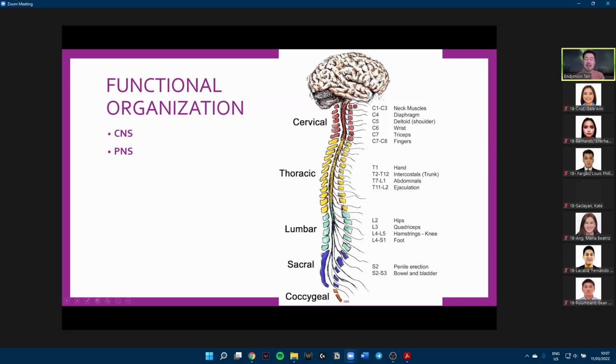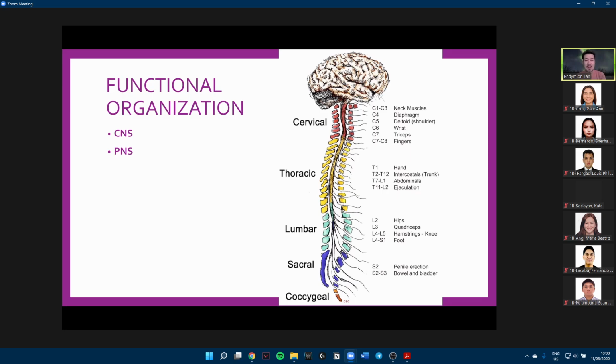For the anatomical functional organization of the nervous system, this is divided into two, the CNS and the PNS. When I talk about the central nervous system, I'm pertaining to the brain and the spinal cord. When I'm talking about the peripheral nervous system, I'm talking about the 12 pairs of cranial nerves and the 31 pairs of spinal nerves.